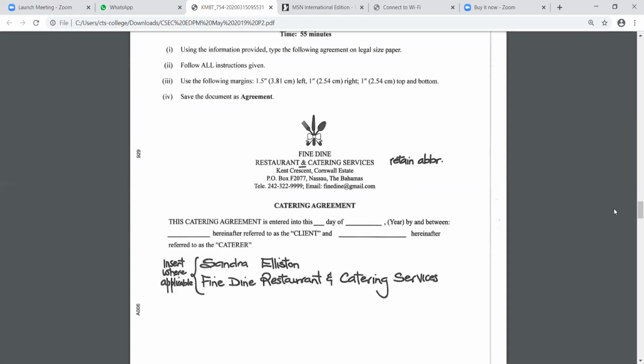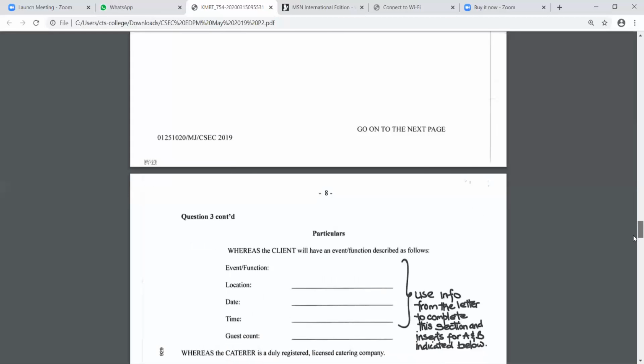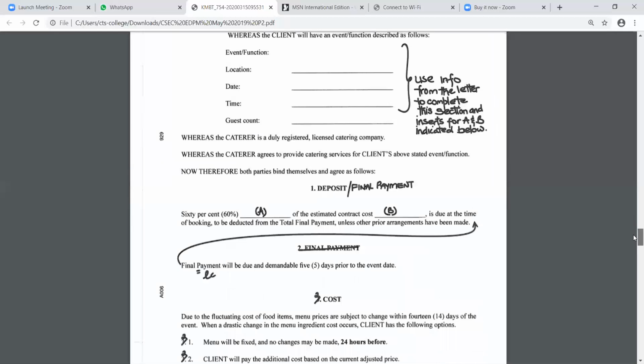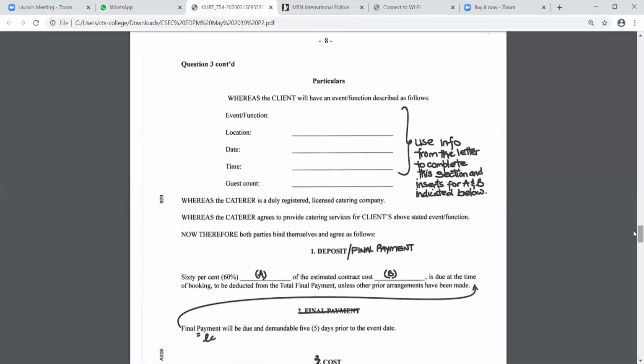Go back down and go down to the other page. Good, right there. Okay, let's take a look at something again. Event or function, we're not seeing a line, however, make sure that you type in the 50th anniversary there, right?